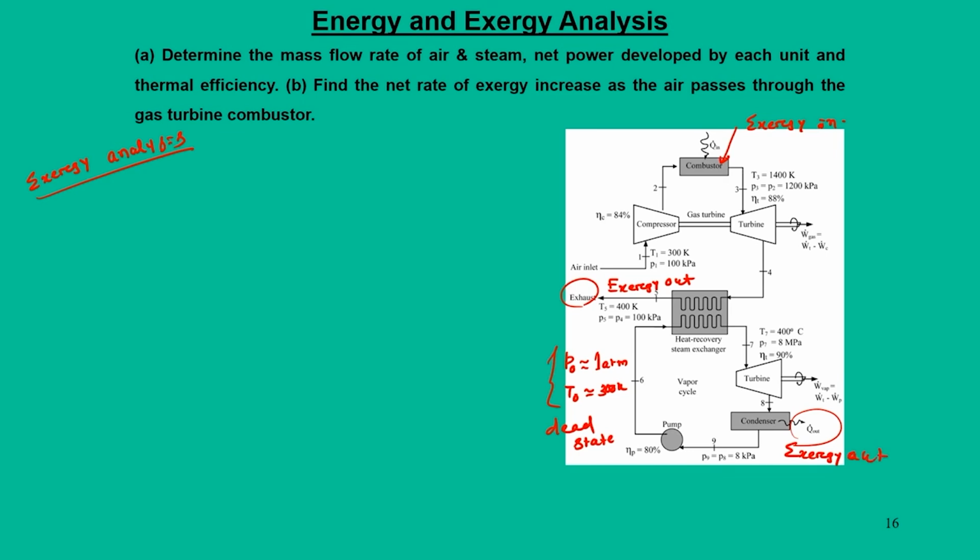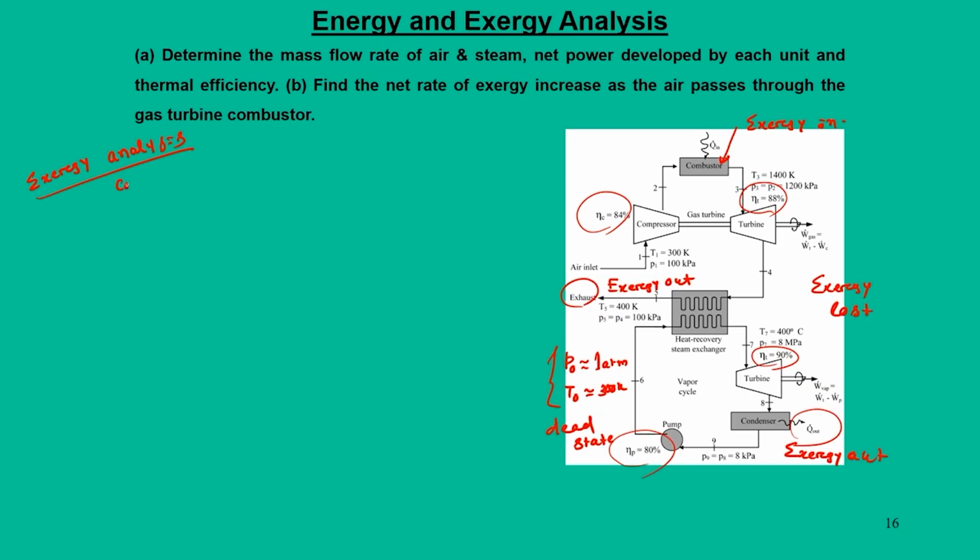So, we need to calculate that. Then also the turbines and pumps operate with their efficiency. So, there we say it is exergy lost, which is not recoverable. So, we need to calculate them one by one.